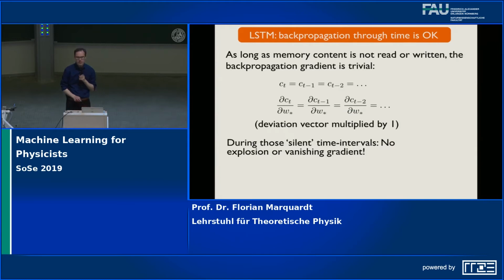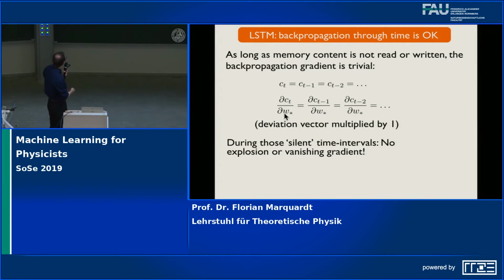And so now I come back to the backpropagation. So the claim is, as long as we don't do anything with the memory content, we are safe. Yeah? So we don't have this exploding or vanishing gradient. And it's actually very trivial. As long as we don't do anything, C_t equals C_{t-1} equals C_{t-2} and so on. Yeah? So they are all the same.